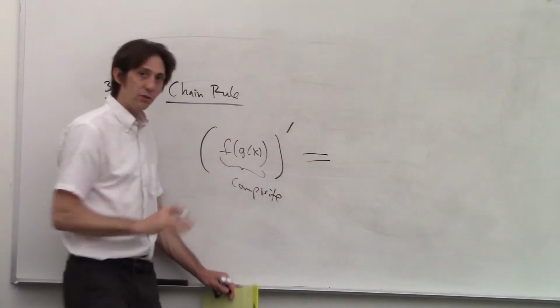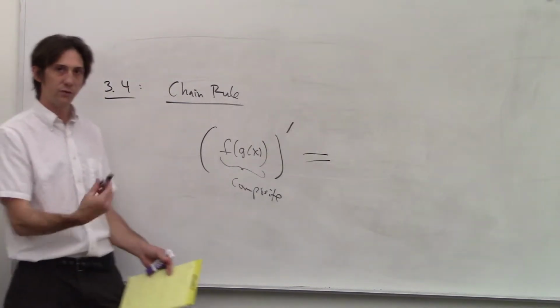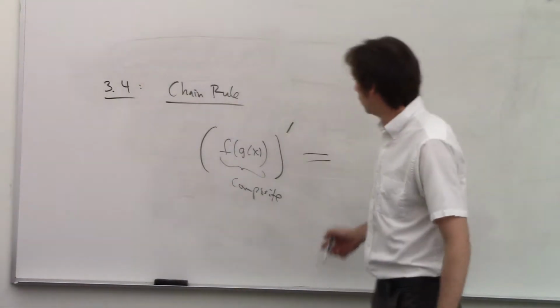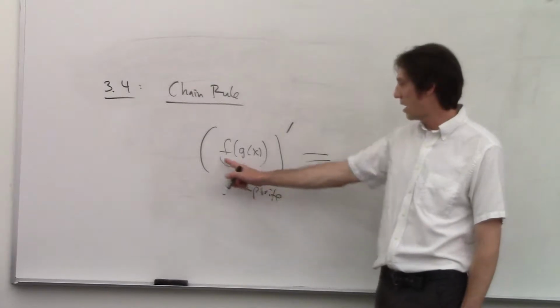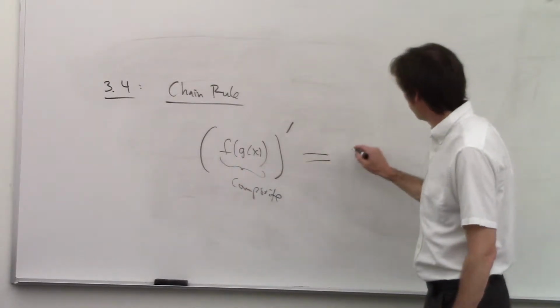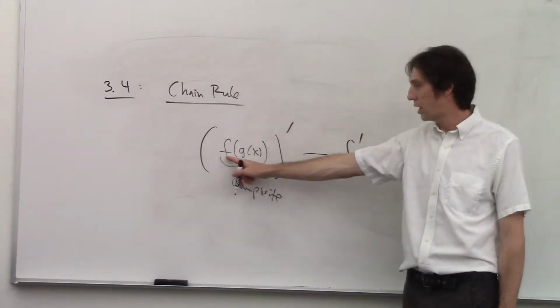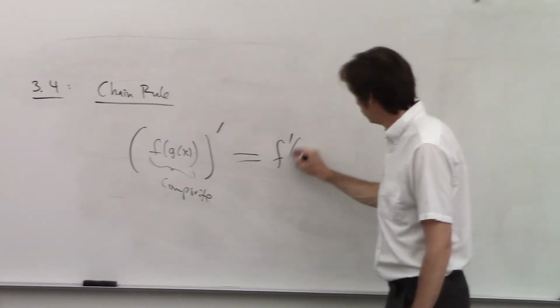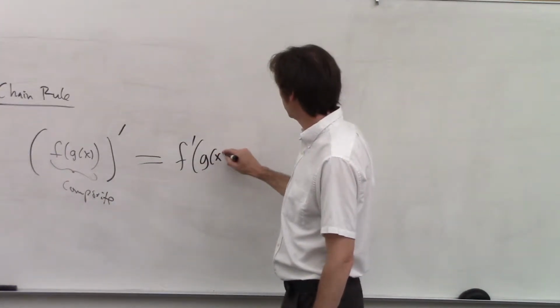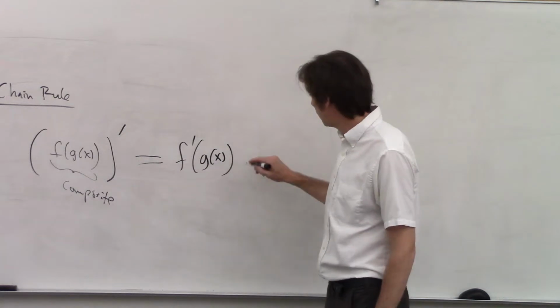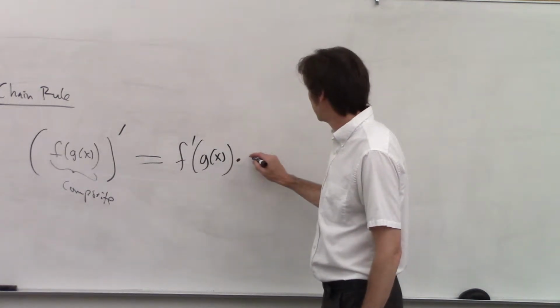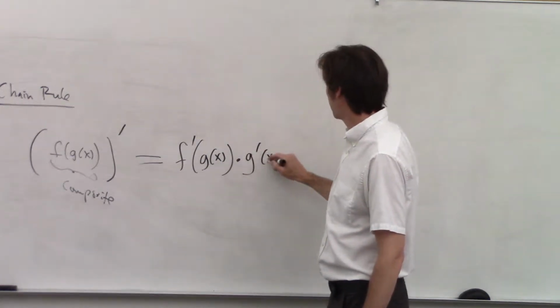You should read the statement of the chain rule in the book. This is just the shorthand version of it. But to do the derivative of f of g of x, you take the derivative of the outside function, you evaluate it at the inside function, and then you end up multiplying by the derivative of the inside function.